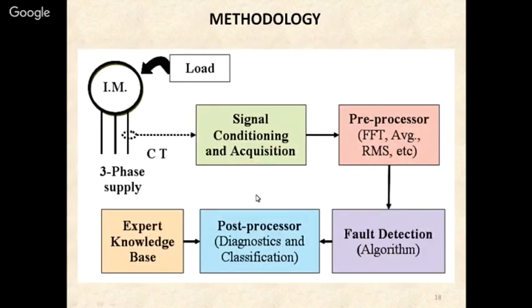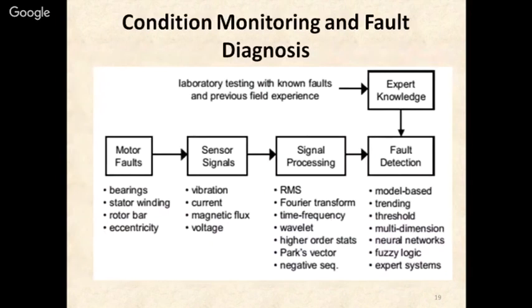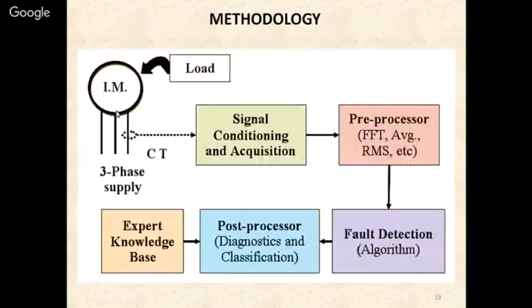So this is the methodology. Here, the current of the motor is monitored. Signal conditioning is applied, and the preprocessor extracts some features of the current signal, like fast Fourier transform, average, RMS, kurtosis. Any statistical parameters or frequency domain parameters can be calculated here.